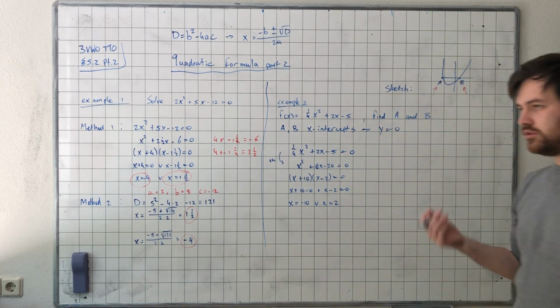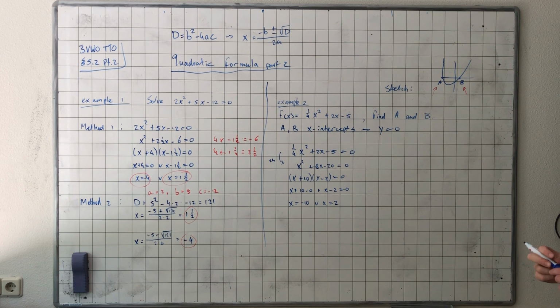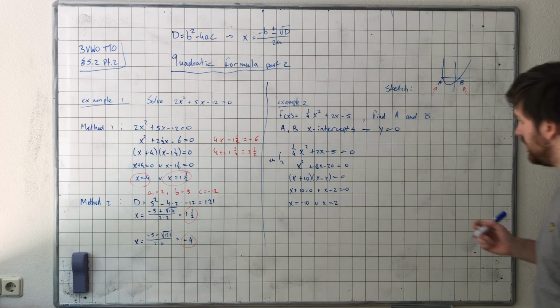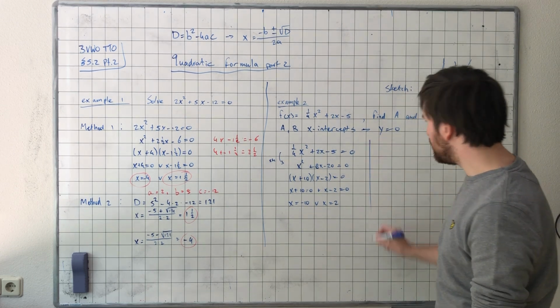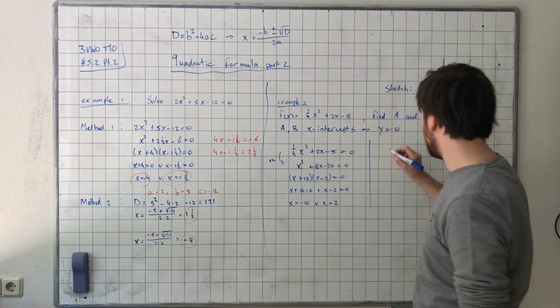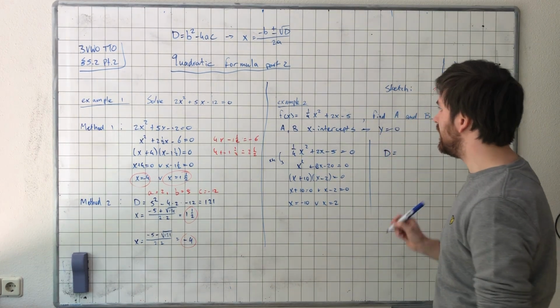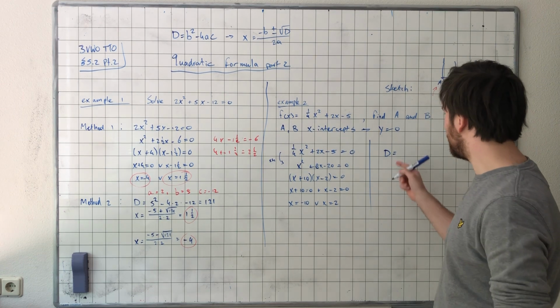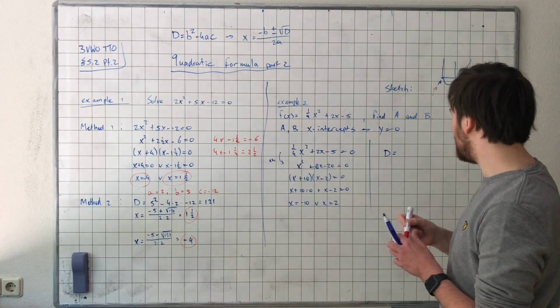But I also want to do this with the quadratic formula, just to show you it over and over. If I'm using the quadratic formula, I'm starting with D, and in this case, the discriminant would be b squared minus 4ac. So first we need a, b, and c.